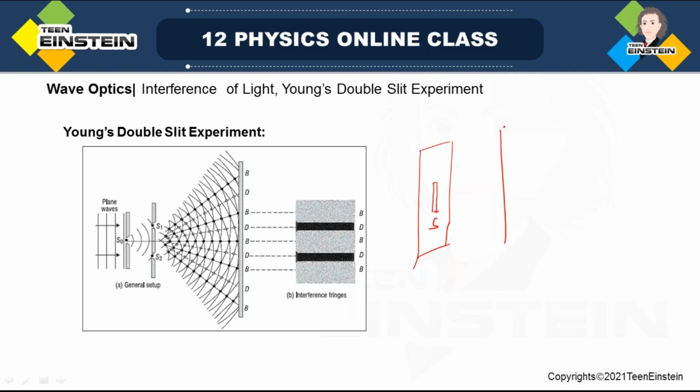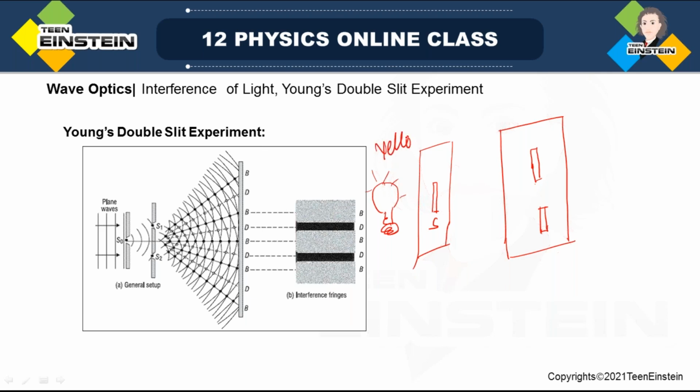Then he took another cardboard, placed it a certain distance from this one, and made two parallel rectangular slits like this. And he kept a sodium vapor lamp here, which gives yellow light.